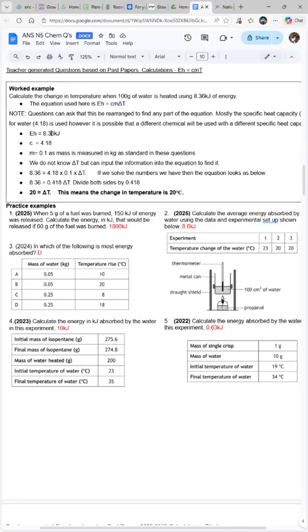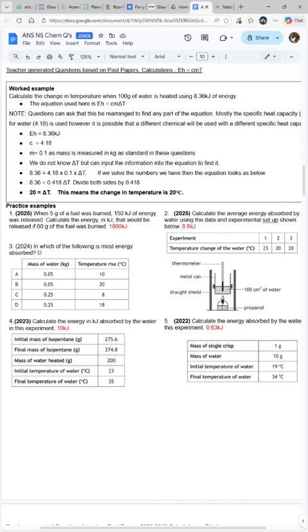So here we go. In this case, Eh is 8.36, and they've given us kilojoules rather than joules, so we can just leave it as it is. Specific heat capacity is 4.18 kilojoules per degree. The mass is 0.1 because we want the mass in kilograms; they've given it to us in grams. We don't know delta T. If they gave us delta T, this would be a really easy question.